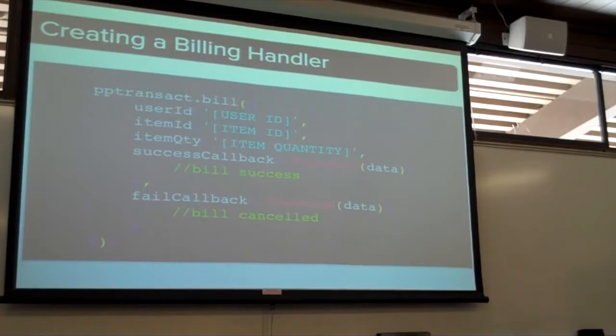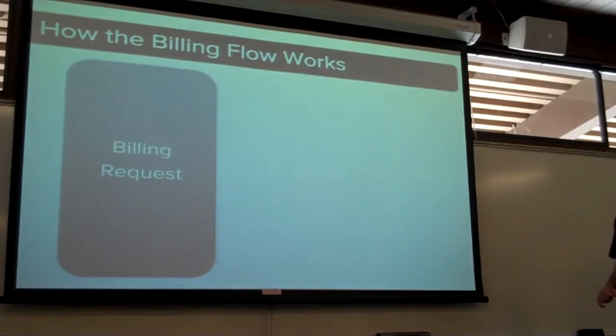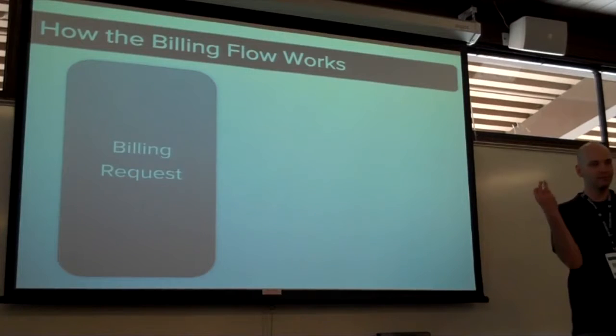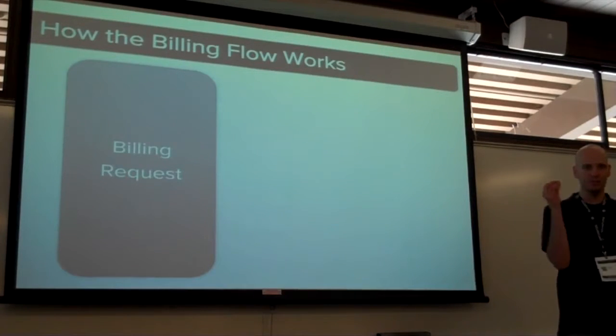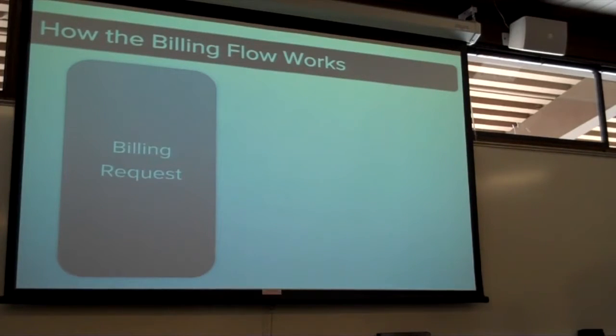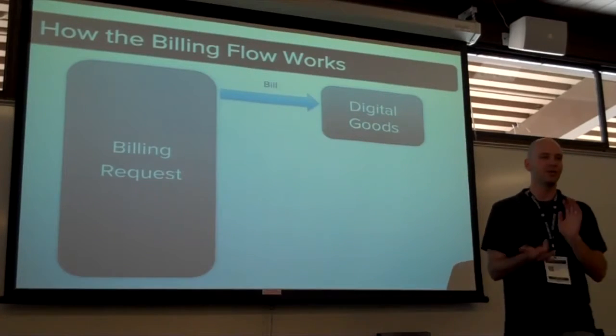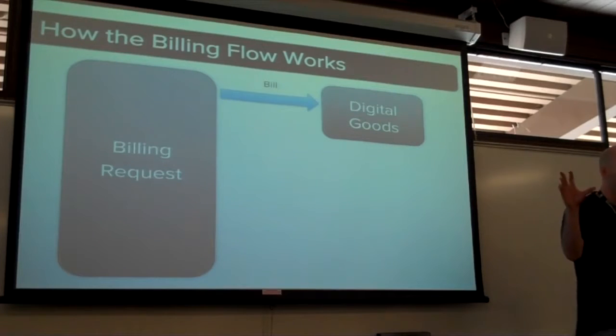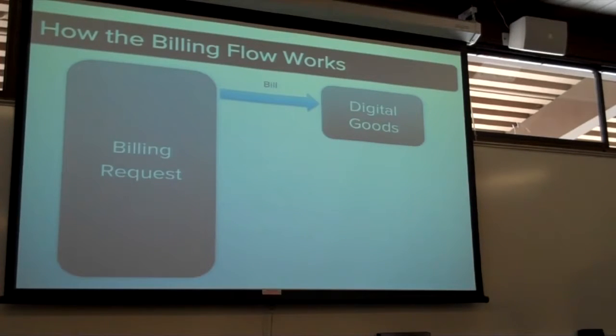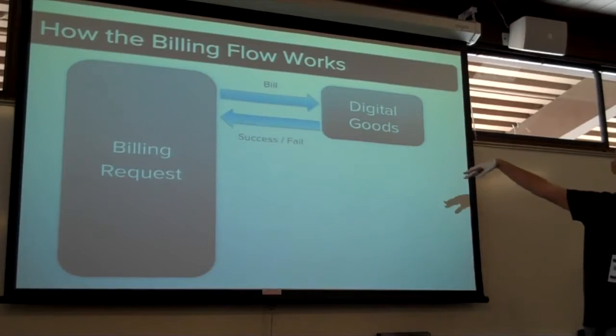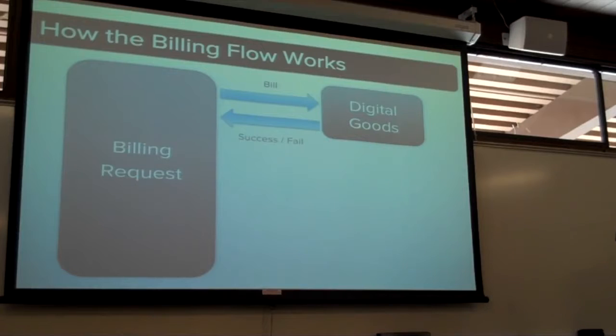Exactly. And the way that billing's going to work, when we covered the slide components in the architecture, but just drilling down into the billing aspect, you're just going to make that billing request to digital goods. That's going to be the token and really pushing the user flow through. So the billing request is actually made to commit the payment. And then the digital goods flow on the PayPal side is going to say, yes, this payment succeeded or failed.